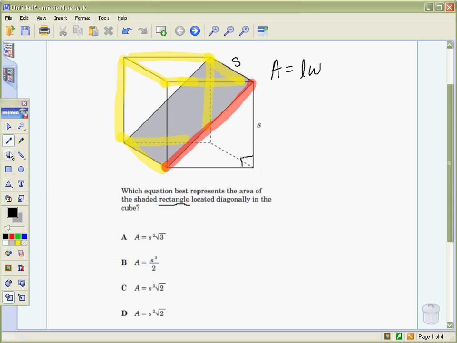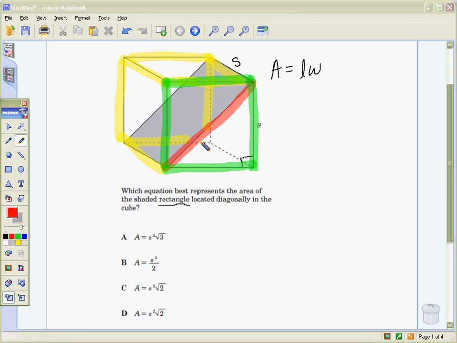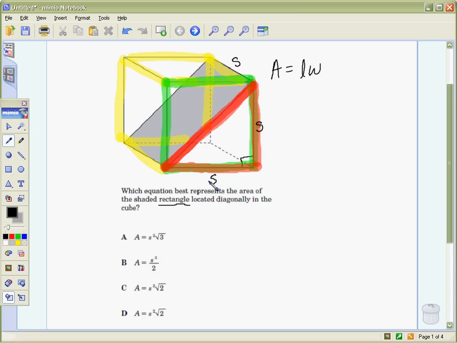If I'm looking at the front face of the cube, this is the hypotenuse of a right triangle that makes up half of the front face of the cube. And again, this is S, this is S, so I can find my hypotenuse using the Pythagorean theorem.